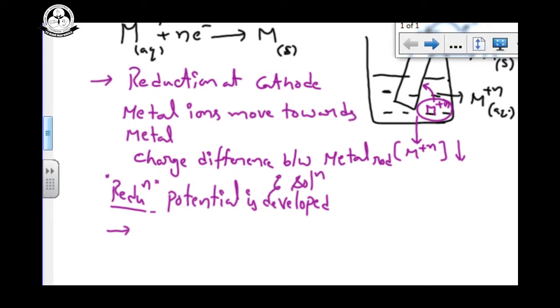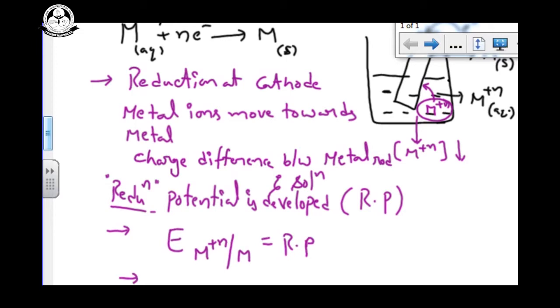Simply we can represent it as RP, reduction potential. Reduction potential can be represented by E of metal ion becomes metal.